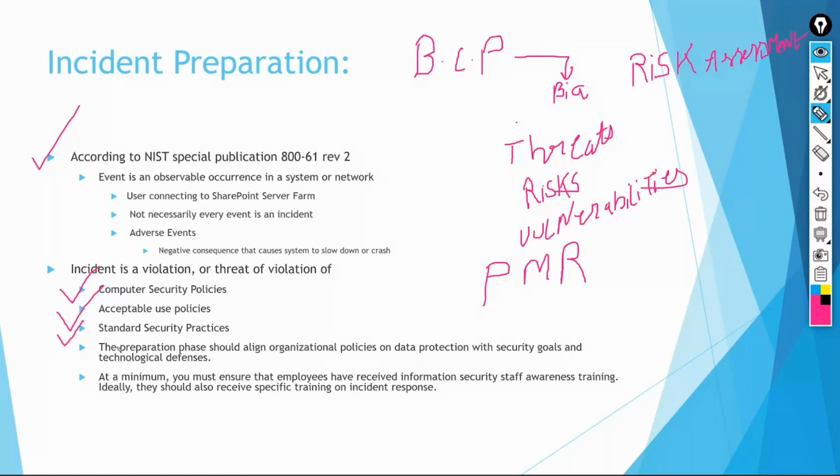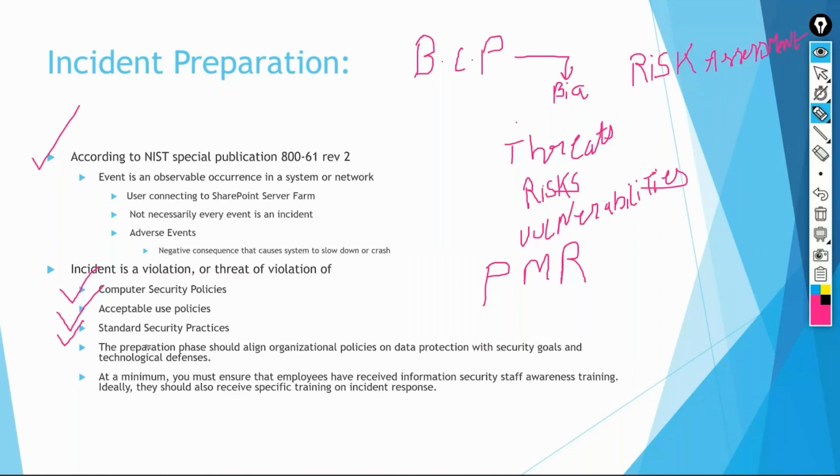One live example of an acceptable use policy violation: on a company-provided laptop, you are accessing social networking websites like Facebook or Twitter. That is directly a violation of acceptable use policies.